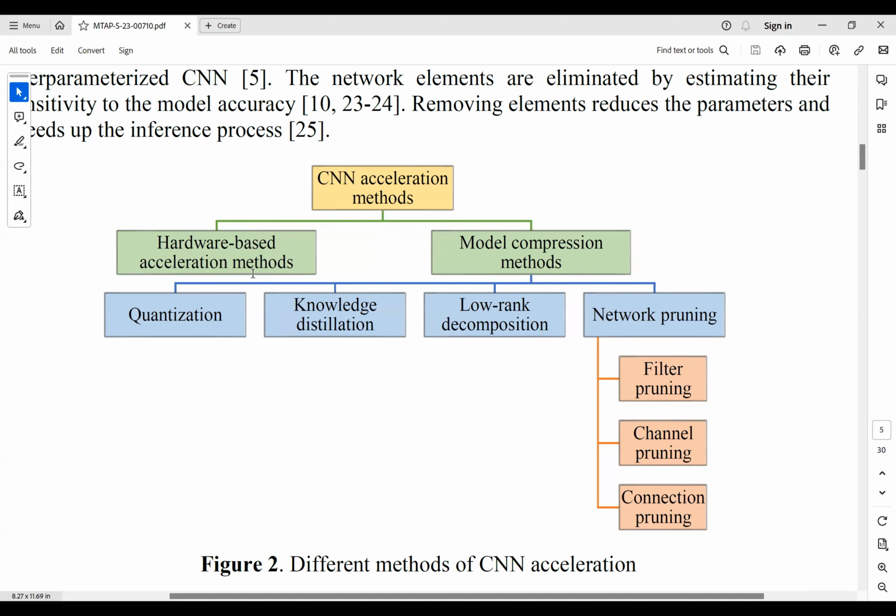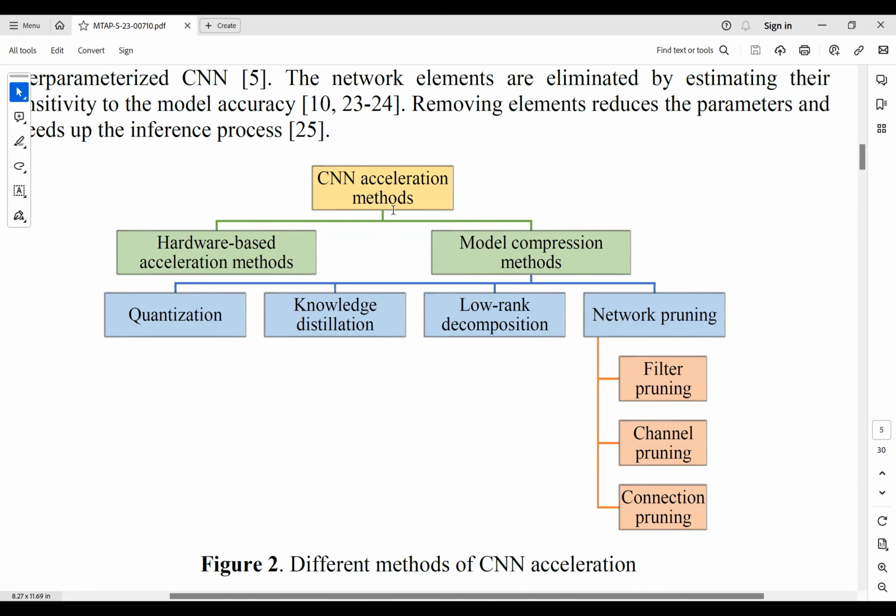That is the hardware-based acceleration method. But usually researchers and in practice, people prefer model compression methods, that is, how you can compress this CNN model, because its architecture is sometimes complex if you use a larger number of hidden layers in the CNN architecture.